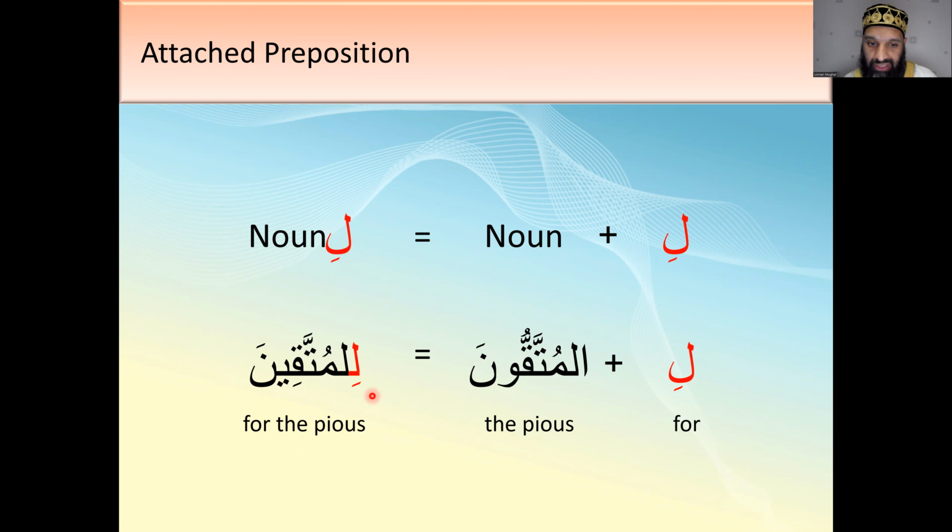When it attaches on, it attaches like this: lil muttaqin, it keeps its kasra. It changes from muttaqun to muttaqin because the lam is a majrurifier. The harf jar prepositions are majrurifiers. They make the noun that comes after them majroor. So lil muttaqin means for the pious.